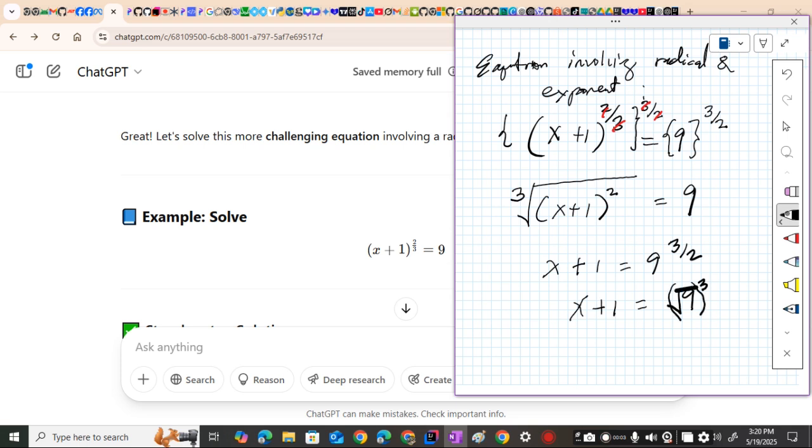Again, this 3 here is the exponent. It's raised to the power of 3. And the 1/2 here means that it is the radical or the square root.